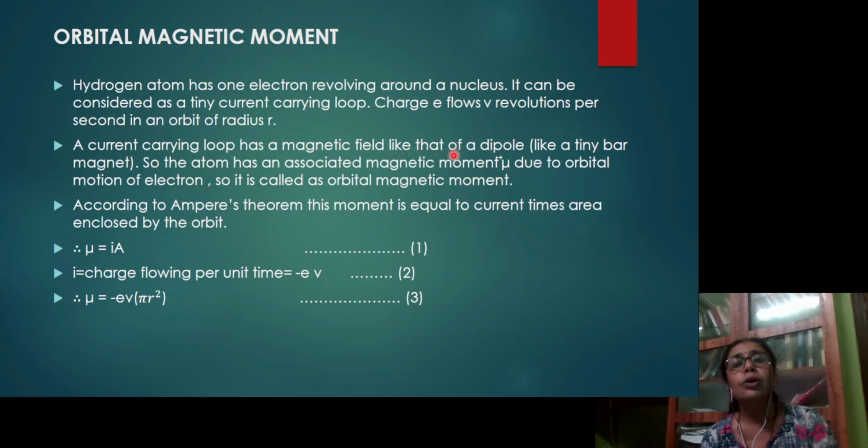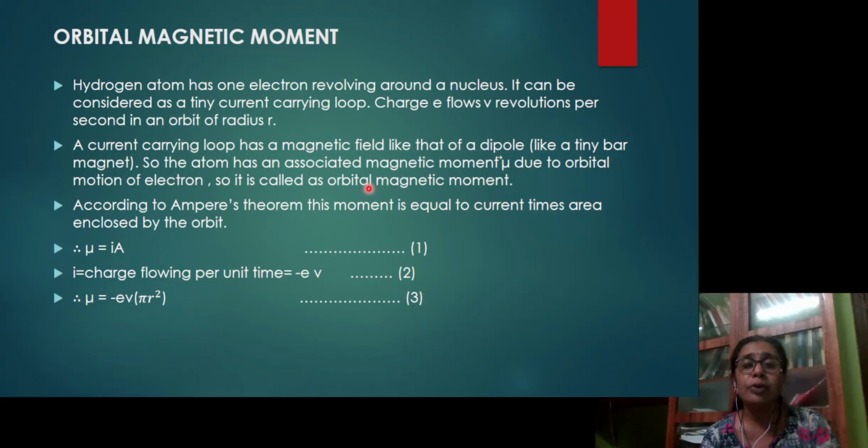So it will have a magnetic moment associated with it, which is denoted by vector mu. This dipole moment has arisen because of the orbital motion of the electron, so that is why it is called the orbital magnetic moment.